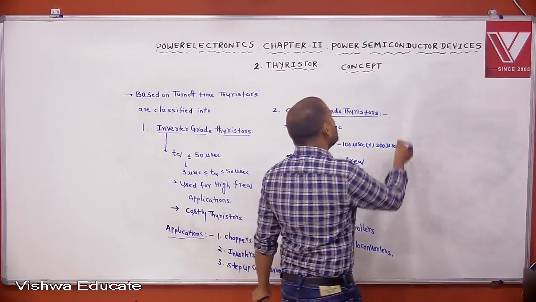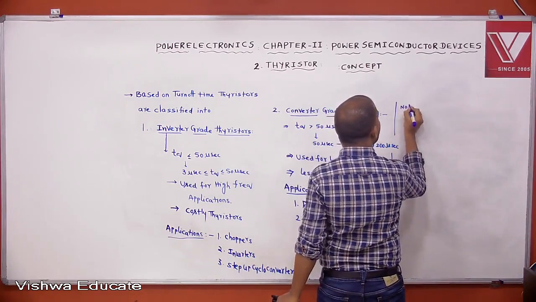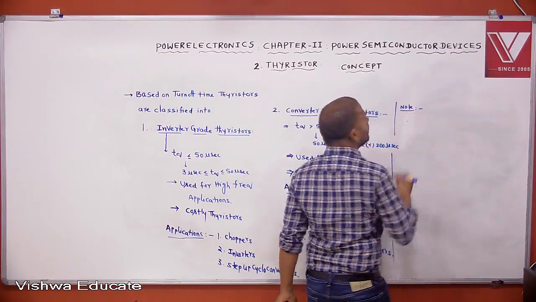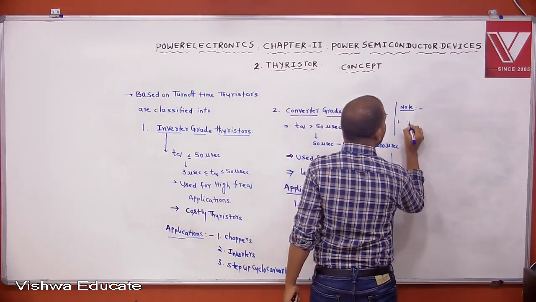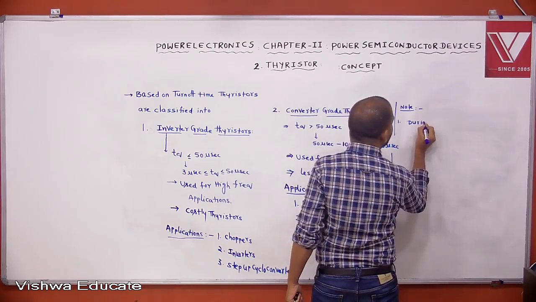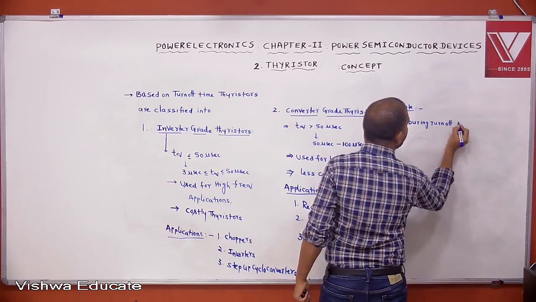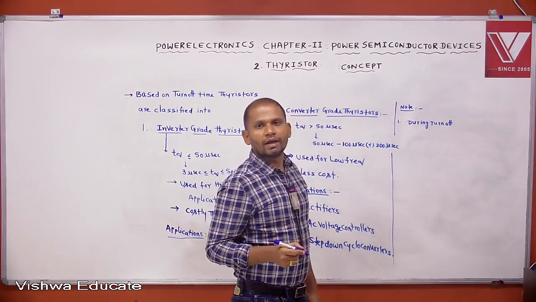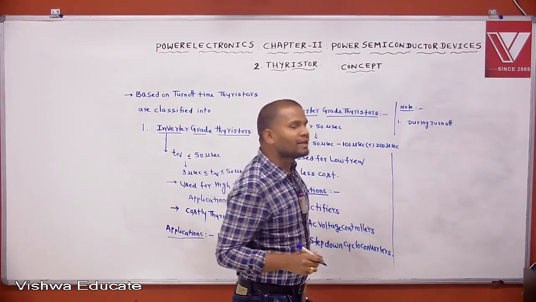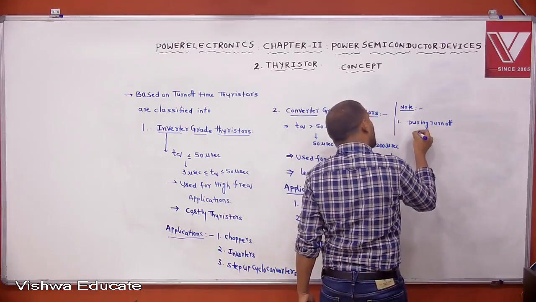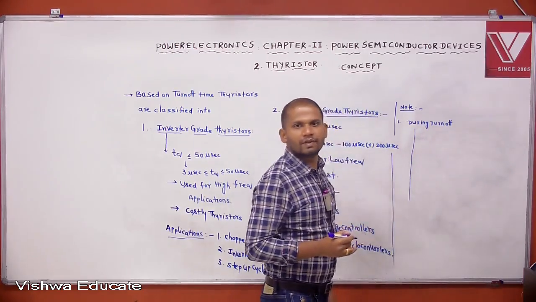One point to remember with respect to the turn off characteristics of SCR, this note you remember. Let us assume that during turn off of a thyristor, ideally the characteristics of the thyristor are given like this.